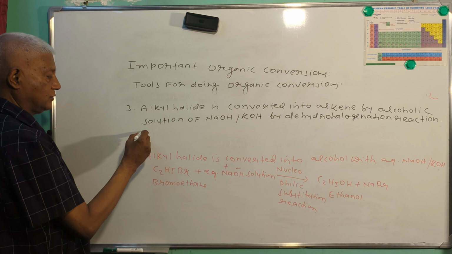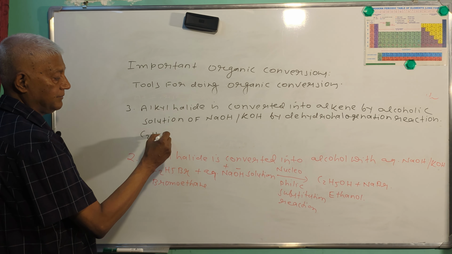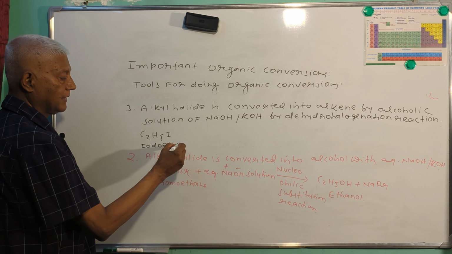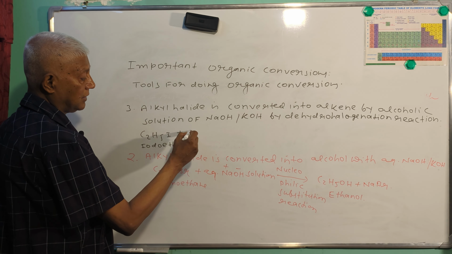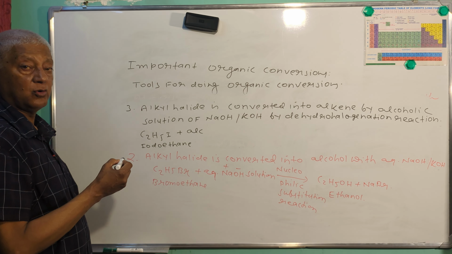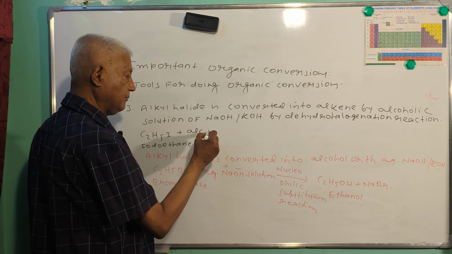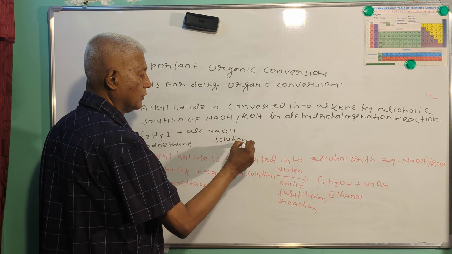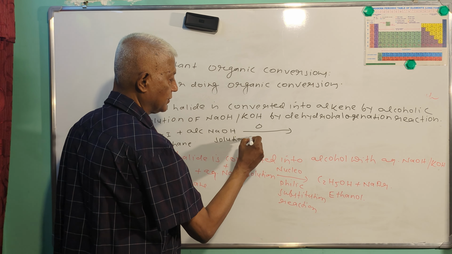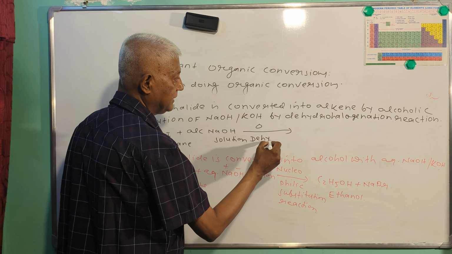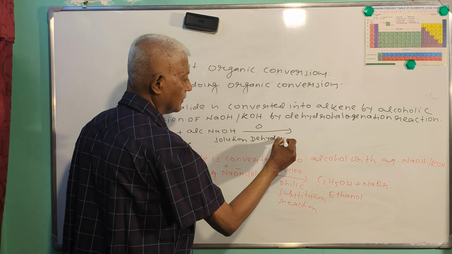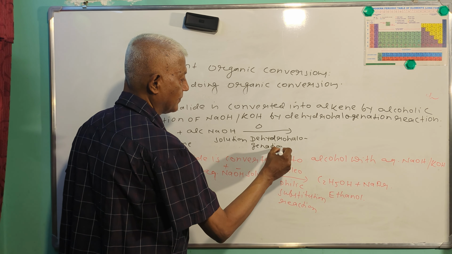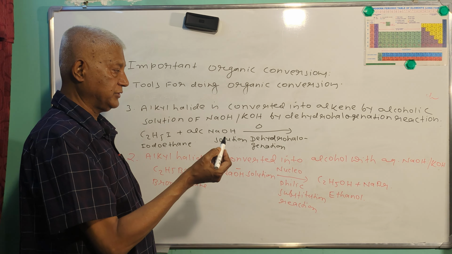So look over here. Suppose C2H5I, that is iodoethane, is treated with an alcoholic solution, a solution made in alcohol is known as alcoholic, maybe NaOH or KOH solution. When it is heated, the process is dehydrohalogenation, the removal of hydrogen as well as halogen, you know.